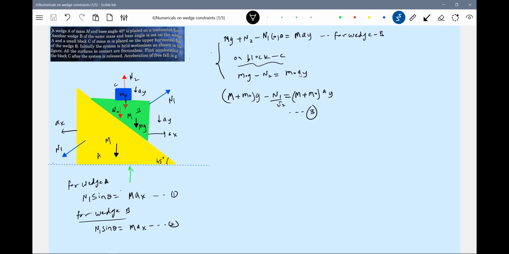Yeah, this is very important, because we think that because of the block, okay, let's not bother who is there on top of it. Net force on wedge B, N1 sin theta, horizontally along the x-axis. Net force on the wedge horizontally, N1 sin theta.